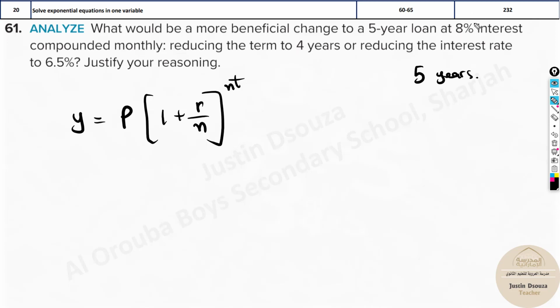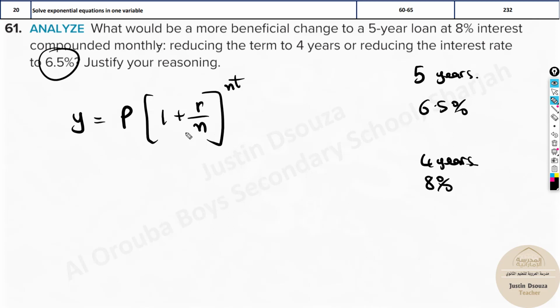If you pay 8% interest compounded monthly, the term is reduced to 4 years. In 4 years, you can take it off. But otherwise, you must pay at 6.5%. If it's 5 years, it's 6.5%. But if you make it 8% interest, the term is only 4 years. So within 4 years, you will give back the money. So the interest is increased. As the years reduce, the interest increases.